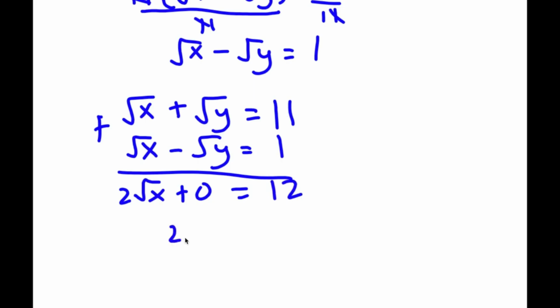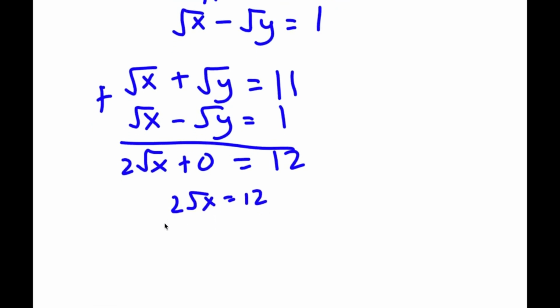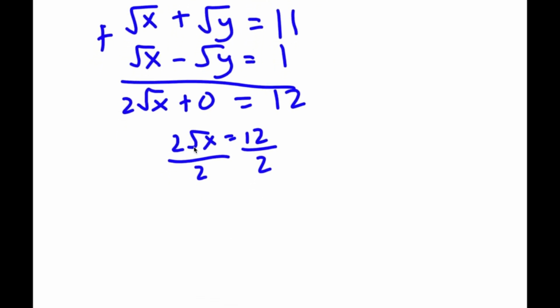So we have 2 root x is equal to 12. Now if I divide both sides by 2, because we want to isolate x, these two cancel out. The square root of x is equal to 12 divided by 2, which is 6.